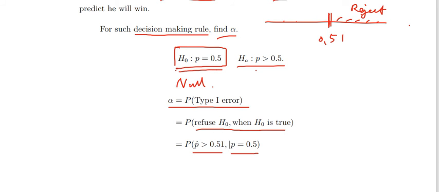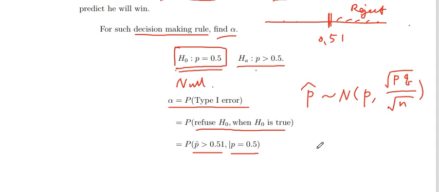So when P equals this, what is the distribution for P hat? We know P hat follows a normal distribution with mean P, and sigma becomes the square root of PQ over n. So we just plug it in here.